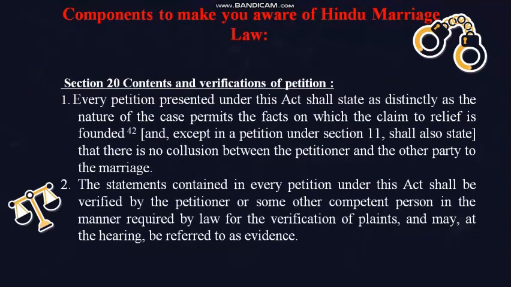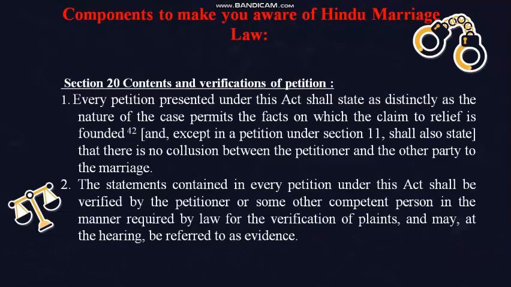And Section 20 says about contents and verification of petition. Every petition presented under this Act shall state as distinctly as the nature of the case permits the facts on which the claim to relief is founded. And except in a petition under Section 11, it shall also state that there is no collusion between the petitioner and the other party to the marriage.